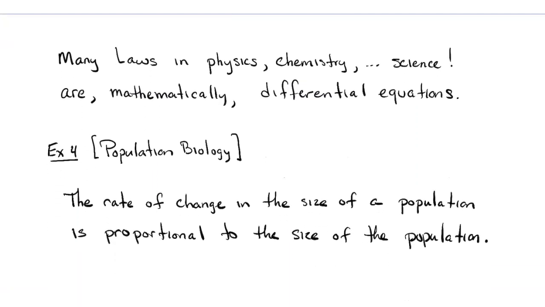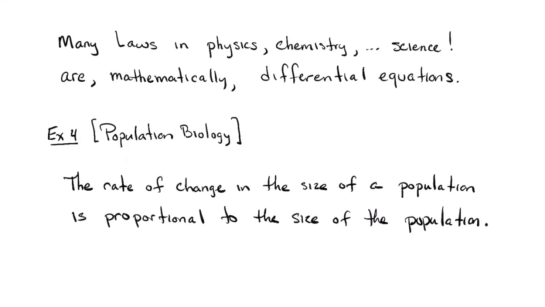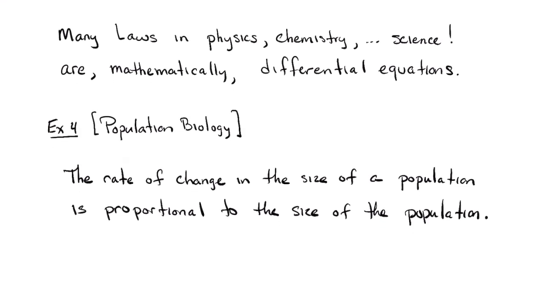Okay, I'm going to end this video lecture by talking a little more about the relationship between differential equations and science, making the following observation: many so-called laws in subjects like physics, chemistry, biology, geology, whatever your flavor is, from a mathematical point of view, these laws are just differential equations.